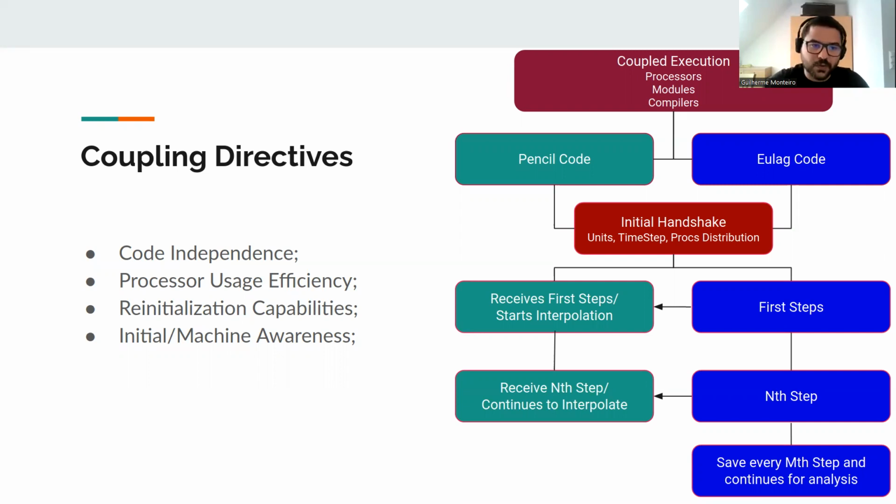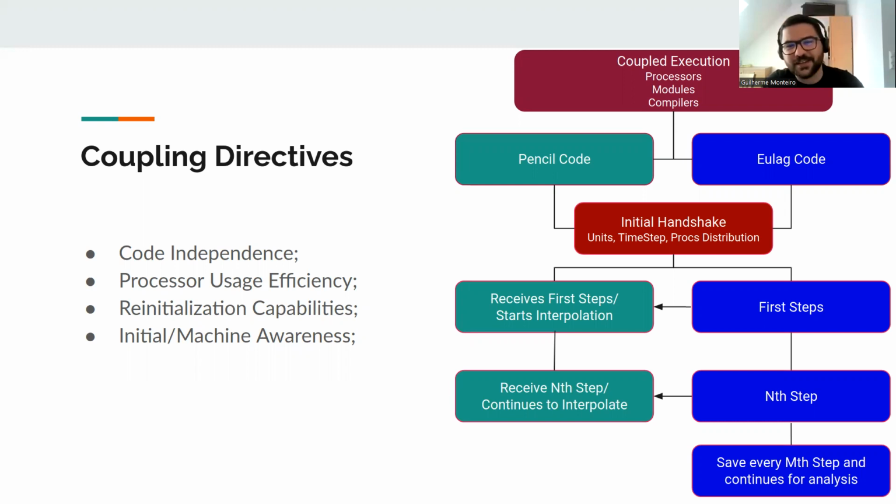And since we want to make good use of resources, we could run EULAG separately until the fields are stabilized, and then access the coupling so that from that point on, Pencil would start to generate the alpha coefficients. And this is also good because we can, let's say, reinitialize the code at some point and try to figure out the coefficients for that region specifically, if we don't want to run all the length.